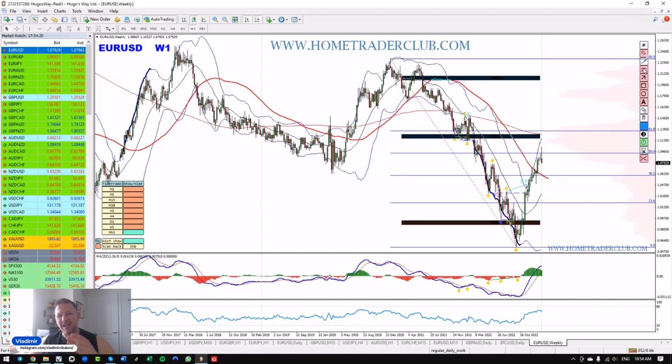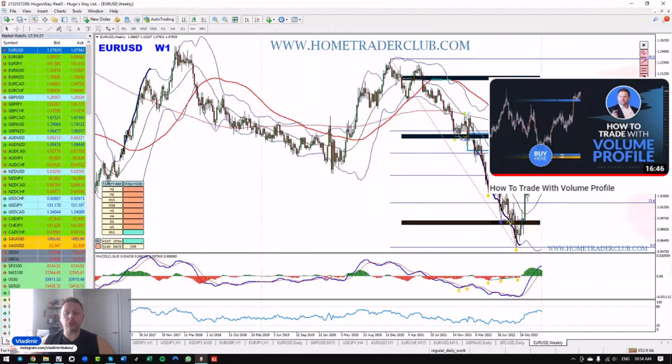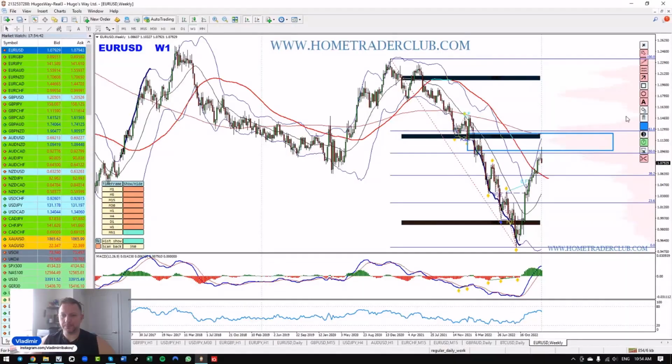Besides that, there is a massive resistance area here based on the volume profile. As you can see on this very cloud, in between 61 to 50% Fibonacci, there is a massive cloud based on the volume profile. If you don't know what volume profile is, no worries. Watch this video on the right top corner and you will understand it much better.